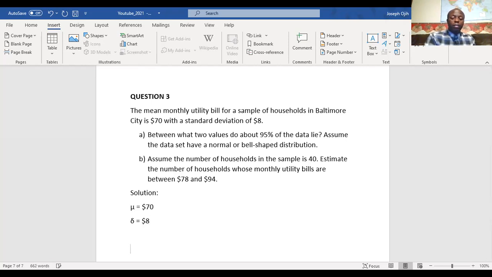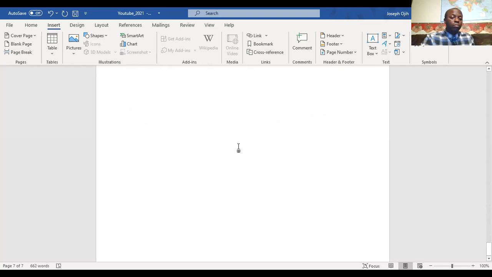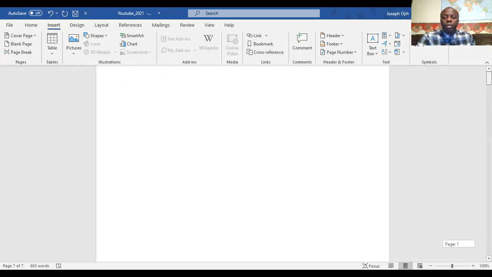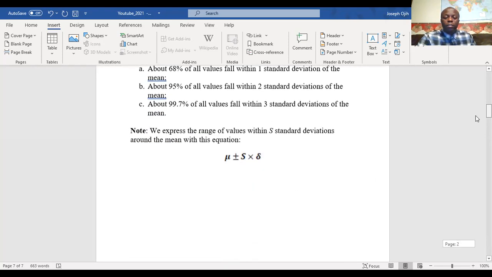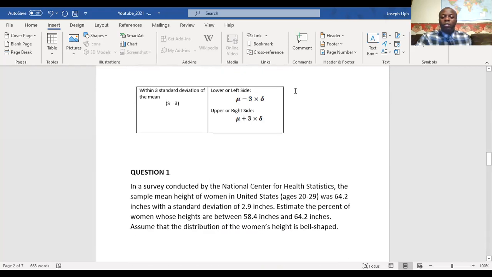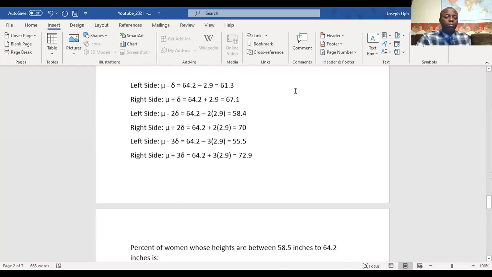Now, part A says between what two values does 95% of the data values lie? The empirical rule already told us that 95% of data values fall within 2 standard deviations of the mean. See, that makes the answer simple. So we're going to use the 2 standard deviations of the mean formula here.